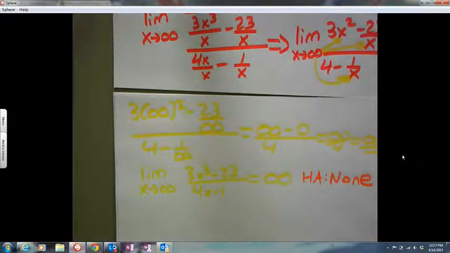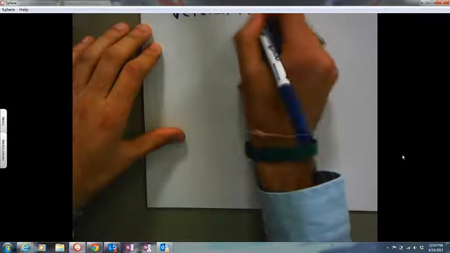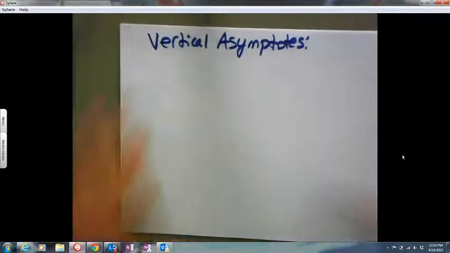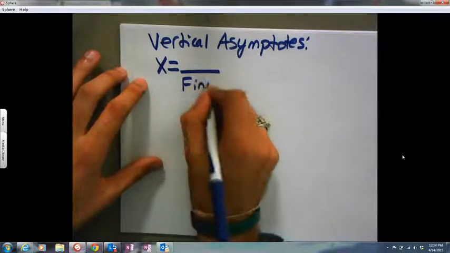Okay, so let me talk a little bit now about vertical asymptotes and holes, and then I'll do a few more problems. All right. So vertical asymptotes: x equals something, a finite number.